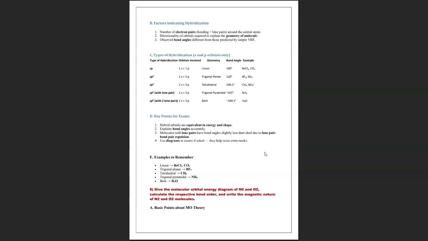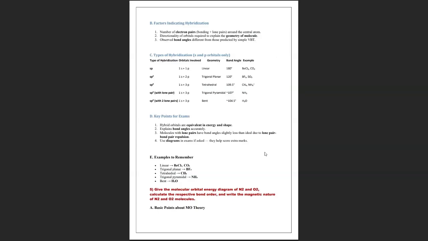Draw hybrid orbital diagrams, so that they may not read your full content and give you maximum score. At last, write the examples and show the flow. Draw the table so that they can view the types of hybridization clearly. That is the main thing, and they give the maximum score for it.